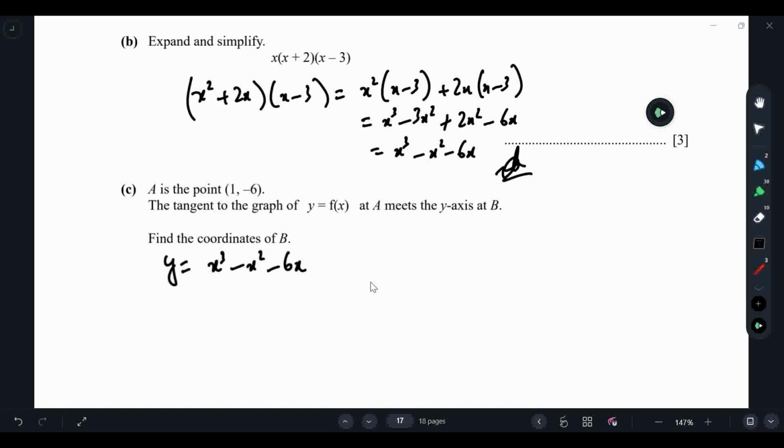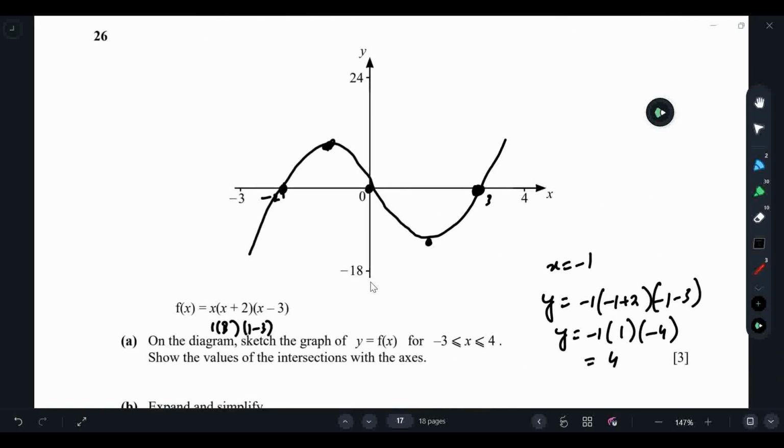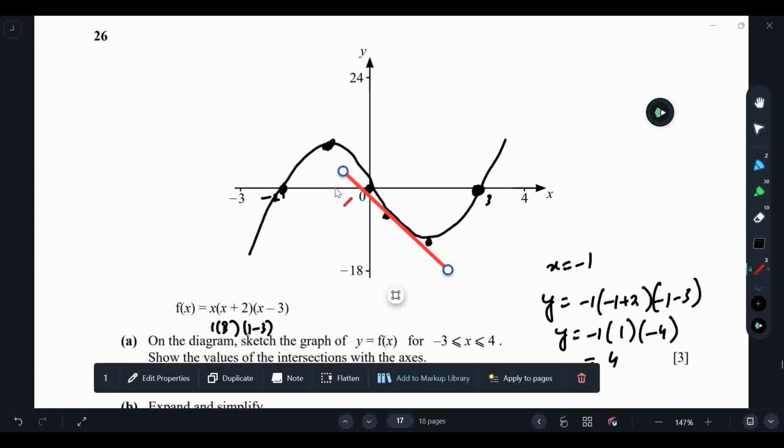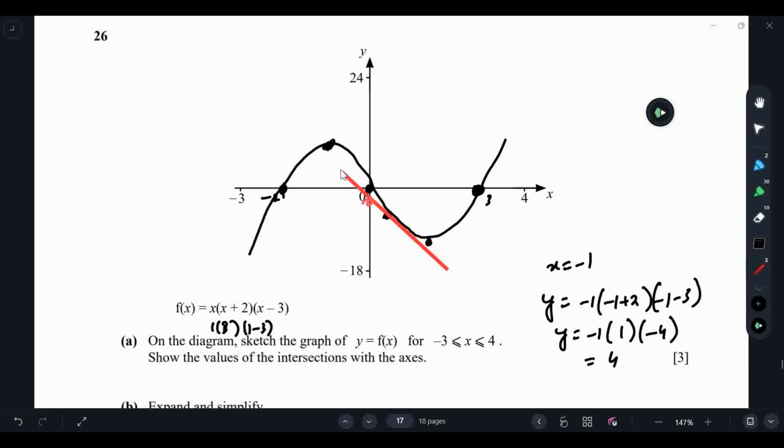Basically, the question is that 1 and -6 means this one is the graph, this one is the line. So we need to find the coordinates of this tangent line. This point is B. We need to find the coordinates of B. But first of all, we need to find the equation of this straight line.